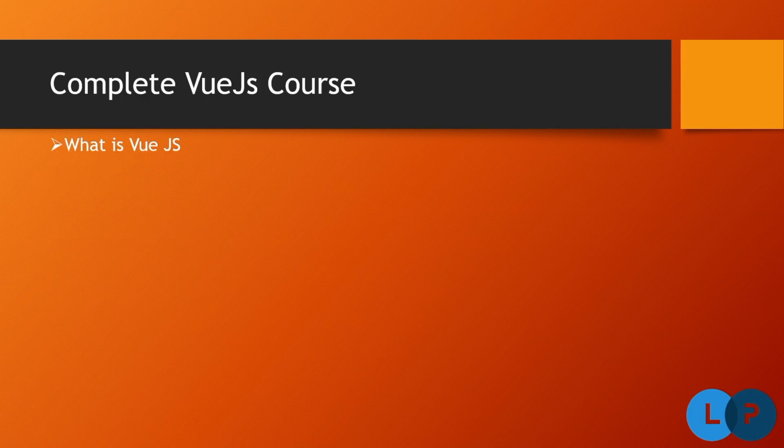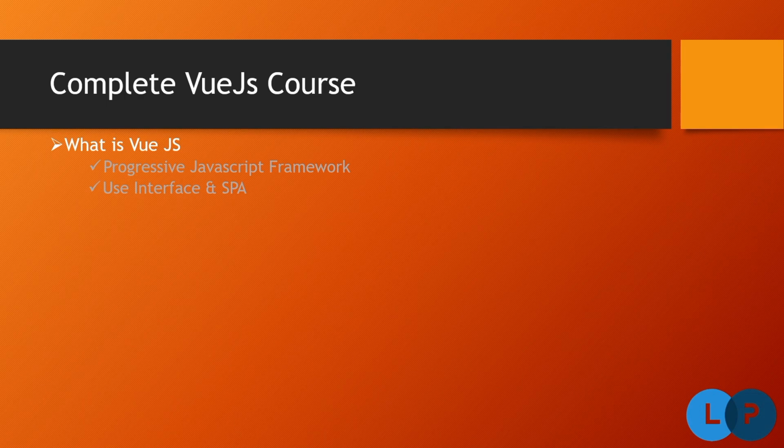Actually, Vue.js is a progressive JavaScript framework used for building user interfaces and single page applications, like SPAs. So the new thing is, what is a progressive JavaScript framework? Let's discuss some things on that.